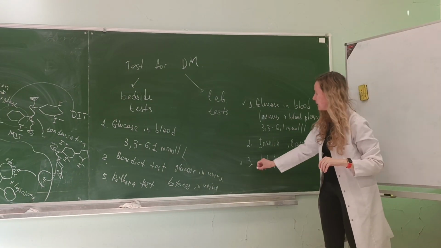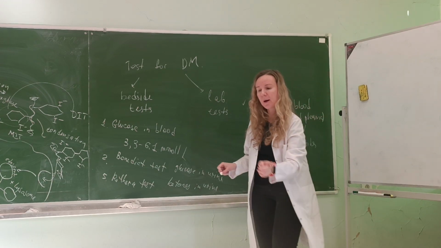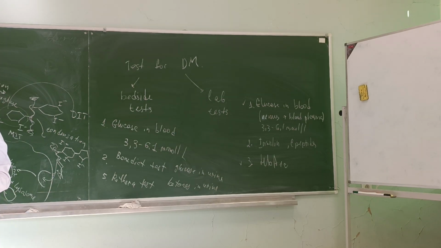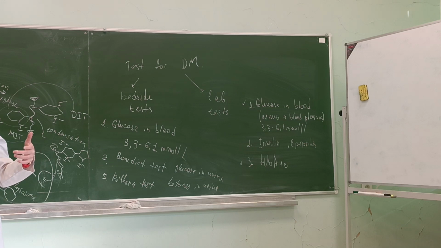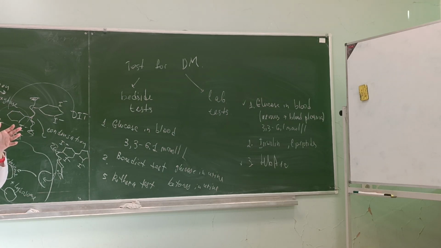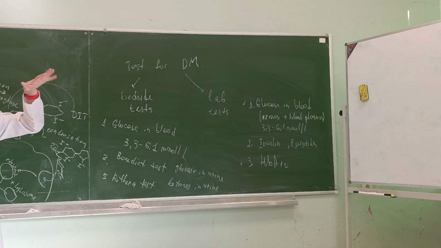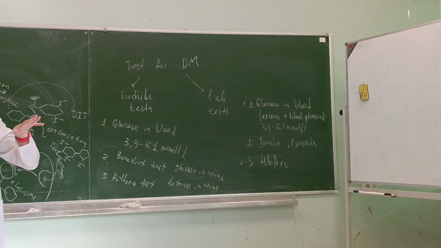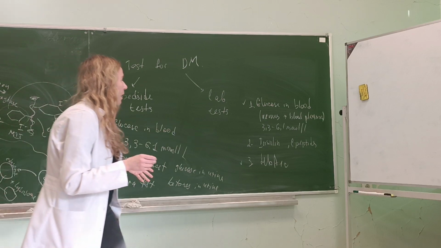So we will use this test every 3 months in patients with diabetes mellitus and understand if our treatment is correct. So is the glycosylated hemoglobin level in the normal range? We understand that glucose is on average normal, and we are making a correct treatment.